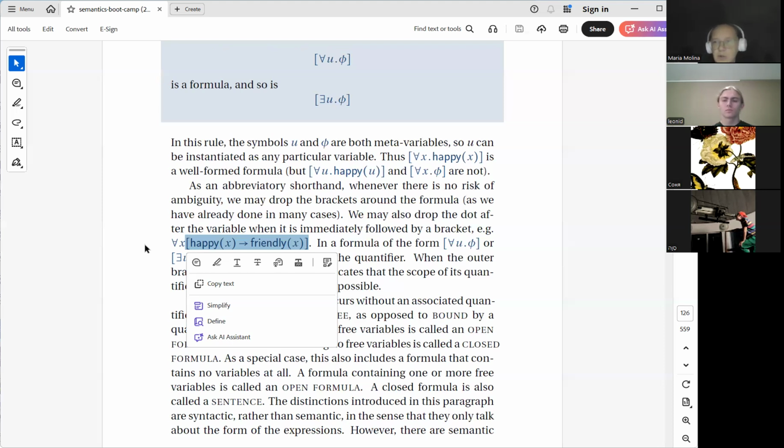Do you remember that, or should I draw the concept of scope? Sonia, Seva, are we good with the concept of scope? Yes. Okay. So, what stands in those brackets after the quantifier is the scope of this quantifier.